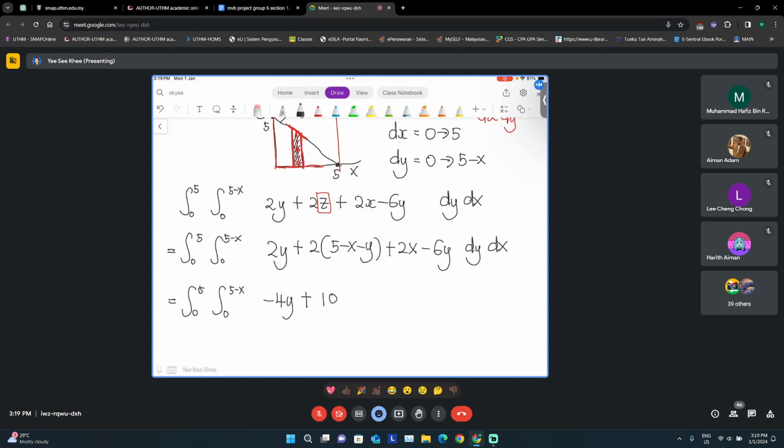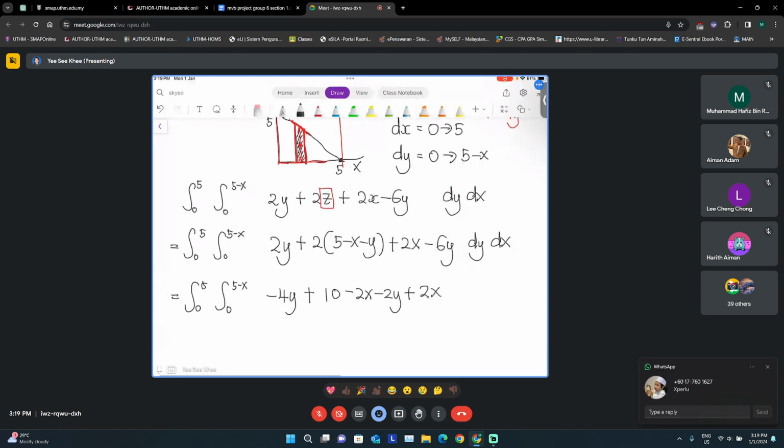Then minus 2x minus 2y equal to 2x. It's up to you how you simplify it. This one and this one can be cancelled out.